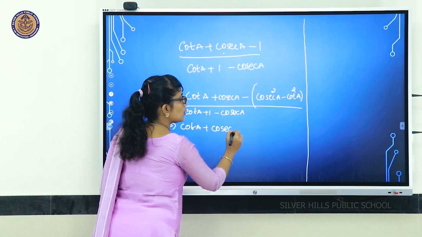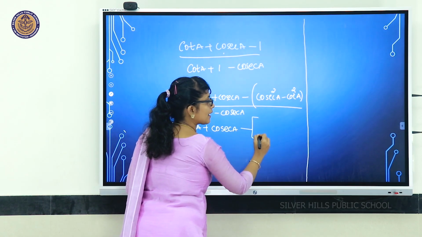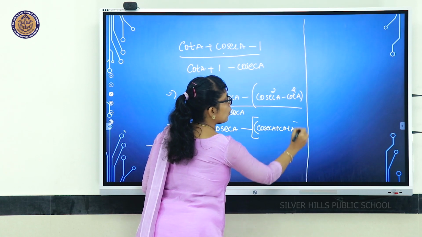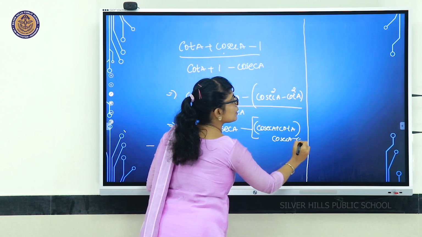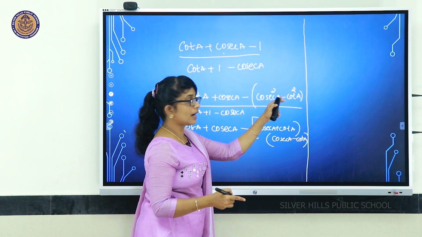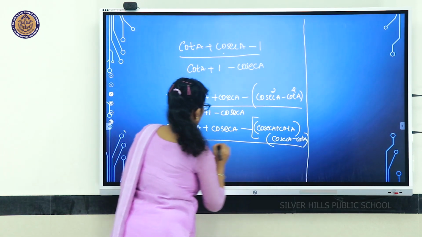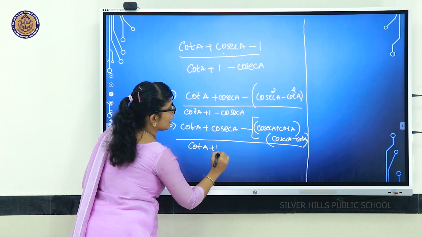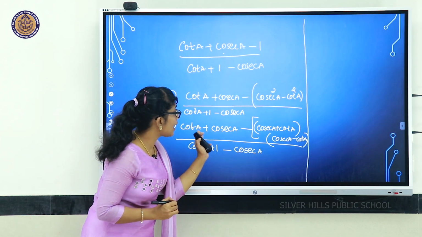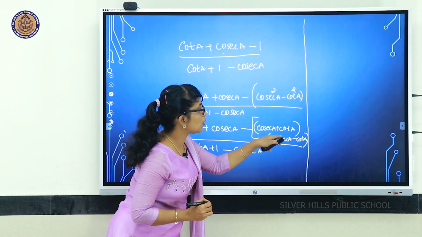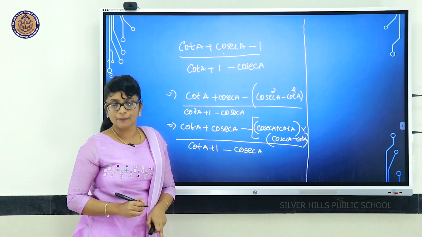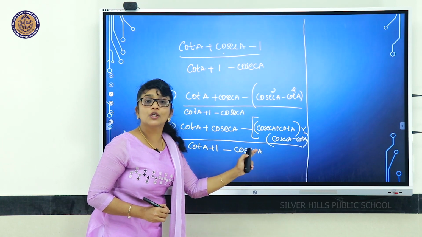cot A plus cosec A minus (cosec A plus cot A)(cosec A minus cot A), that is (A plus B)(A minus B) equals A square minus B square, divided by cot A plus 1 minus cosec A. Listen, how many terms are there in the numerator?